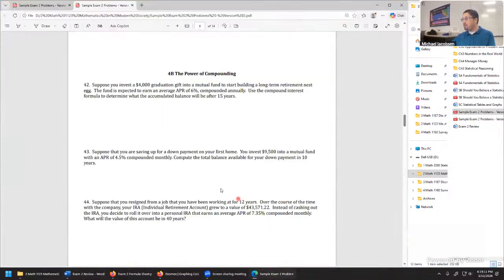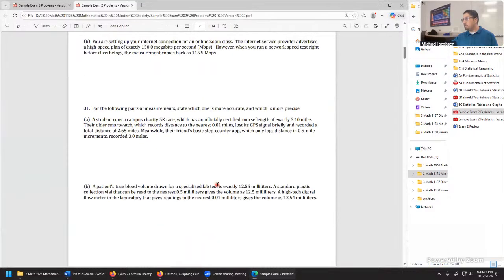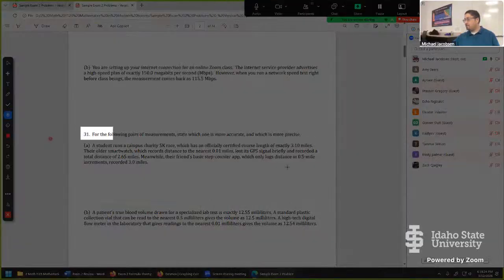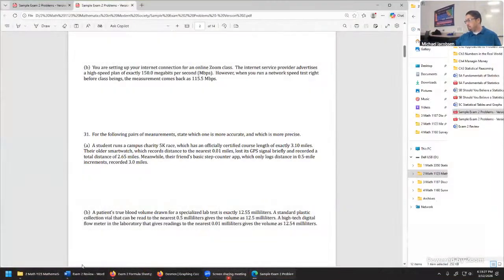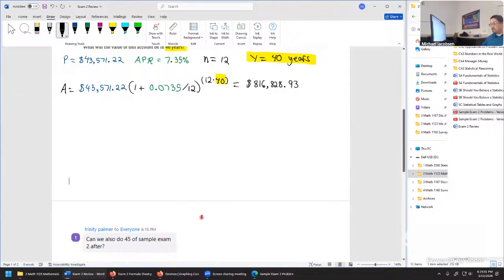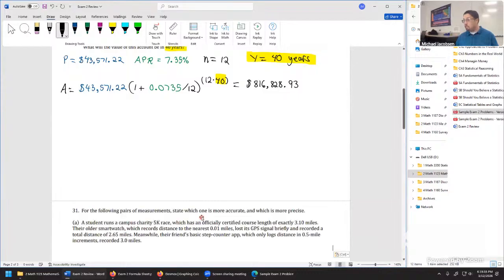Forgot the problem already. 31 part A. Okay, so this one says for the following pair of measurements, state which one is more accurate, which one is more precise. I remember these ones being pretty tricky when we took a look into them. So this is a great suggestion for a next problem.